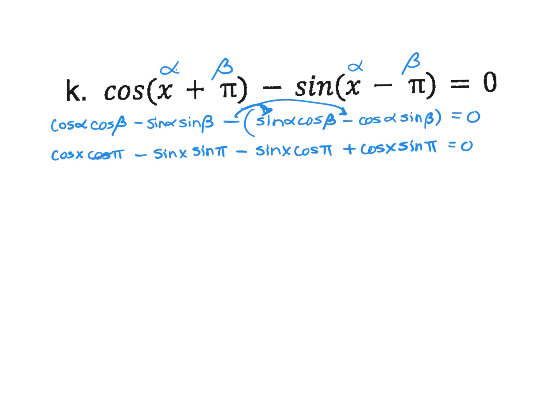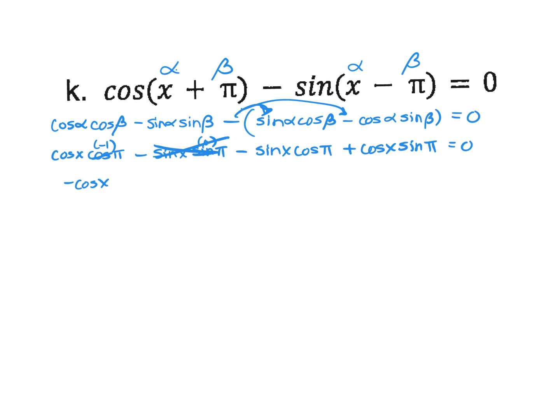So this becomes -1. So this is negative cosine x. All right, let's look at the next one. What's sine pi? 0. So this becomes 0, which means this whole thing goes away, doesn't it? Whoop, that's nice.